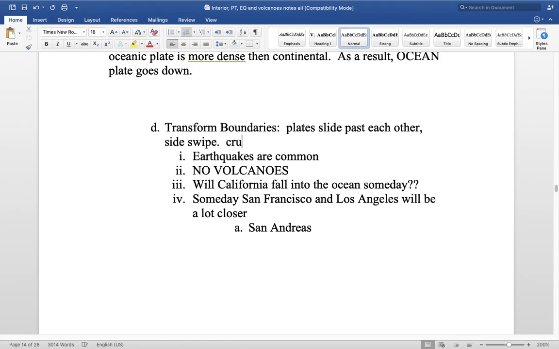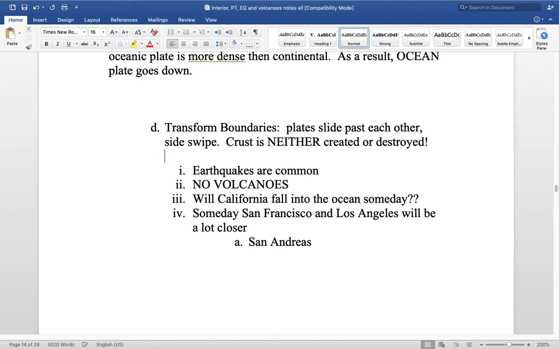So crust is neither created or destroyed. The only thing you're going to get at transform boundaries, okay, are major earthquakes. No volcanoes and no mountains are created.